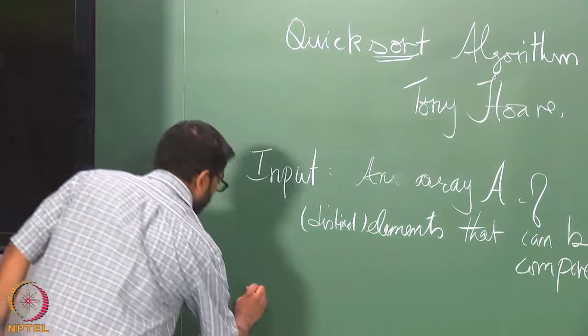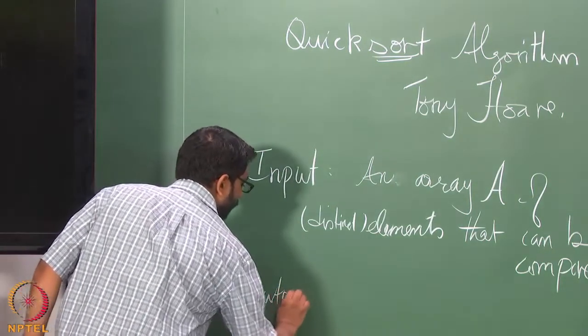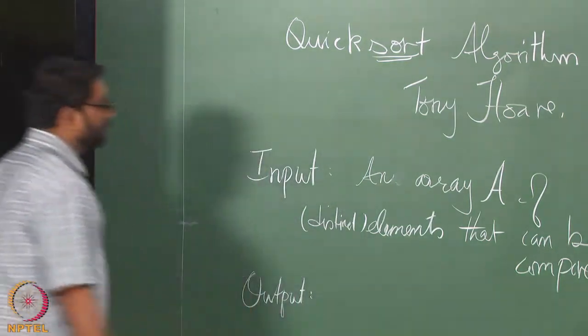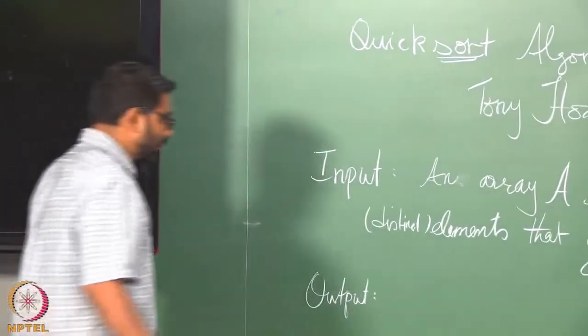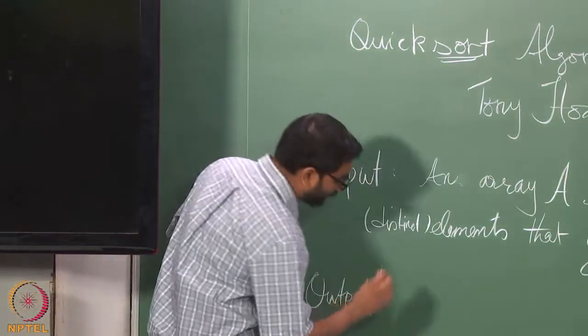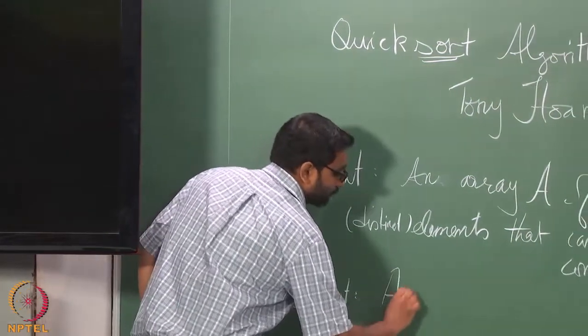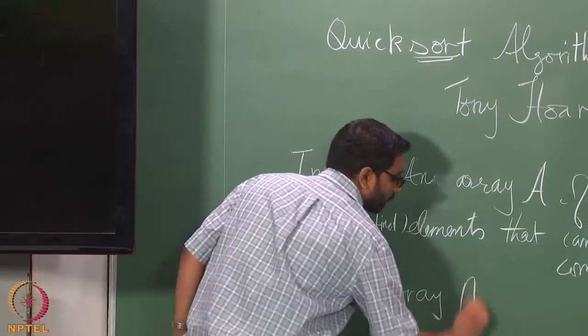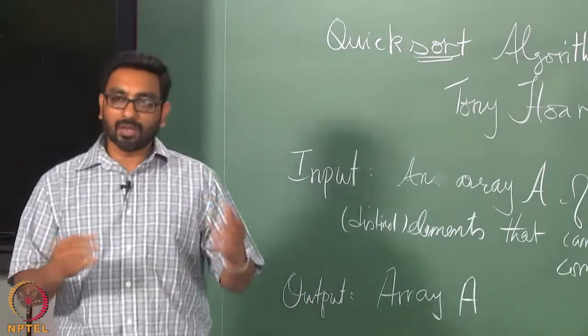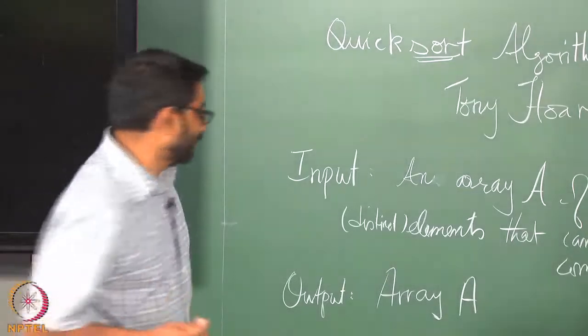The output is typically the array A itself, but rearranged so that it's in sorted order.